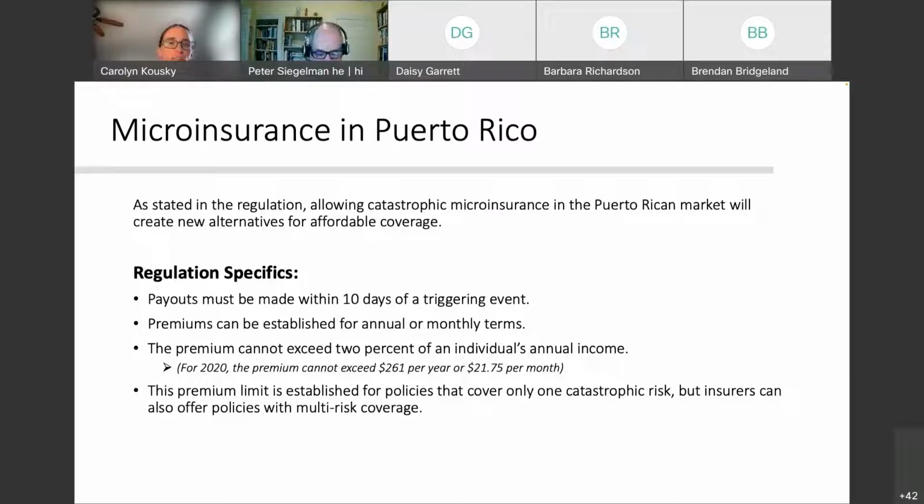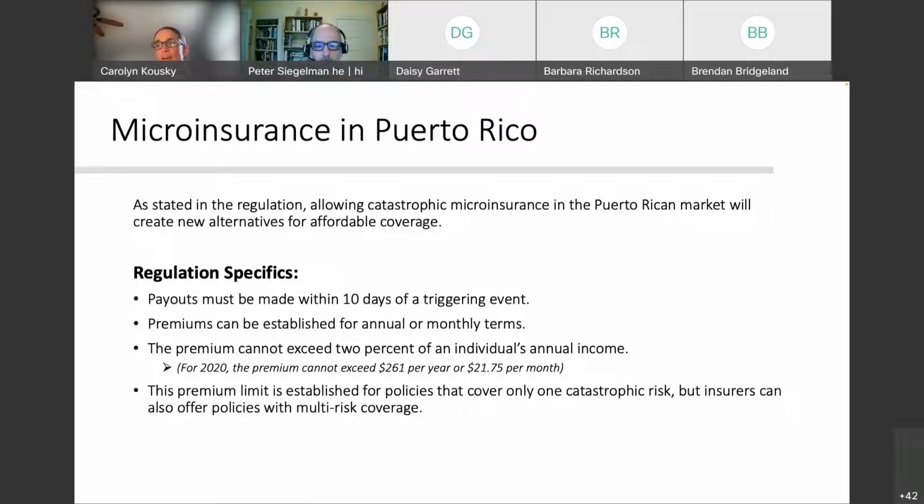The one last thing I'll say on Puerto Rico is we've also heard that part of the interest in parametrics, which I'm framing as a tool that could provide some coverage for people who otherwise would have no insurance because they couldn't afford anything, is that they're actually seeing a lot of interest from folks who have really lost trust in the insurance industry after Maria.